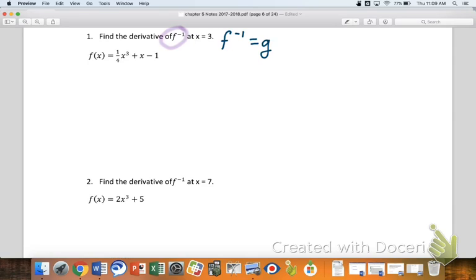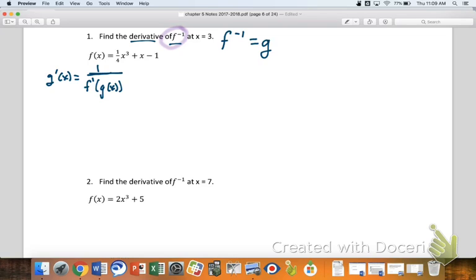Okay, so let's start off with that relationship. If I'm looking for the derivative of the inverse of f, and I've defined inverse of f to be g, I'm going to be looking for g prime. g prime of x equals 1 over f prime of g of x. That's the relationship we just derived a few minutes ago.